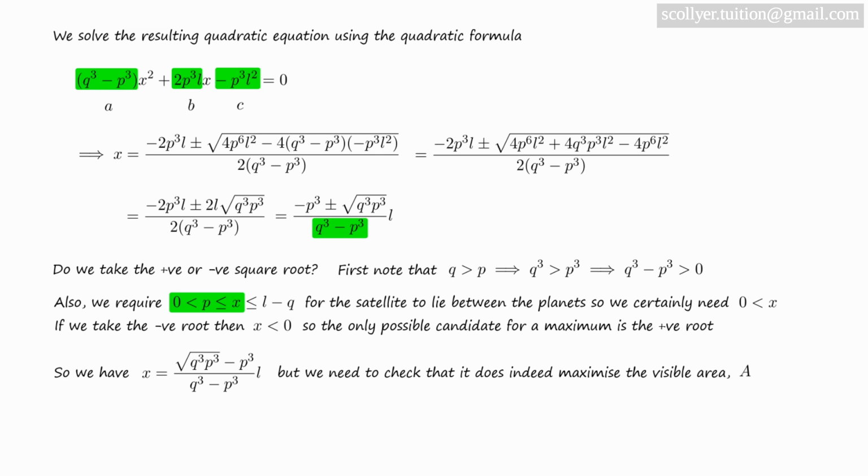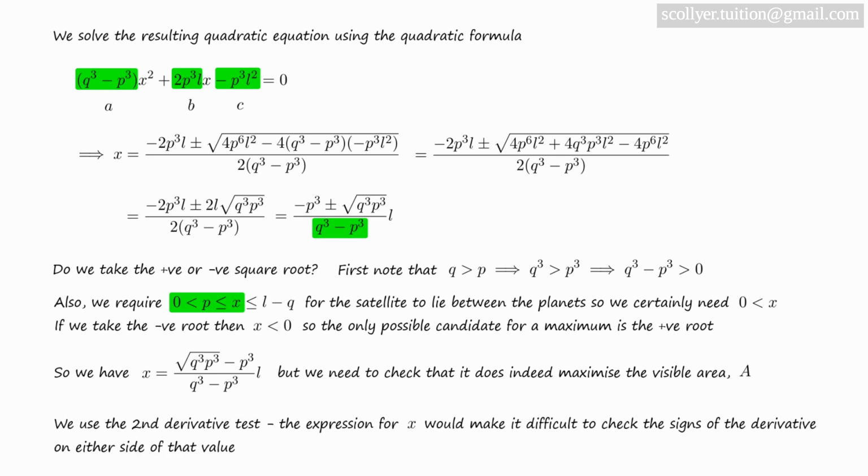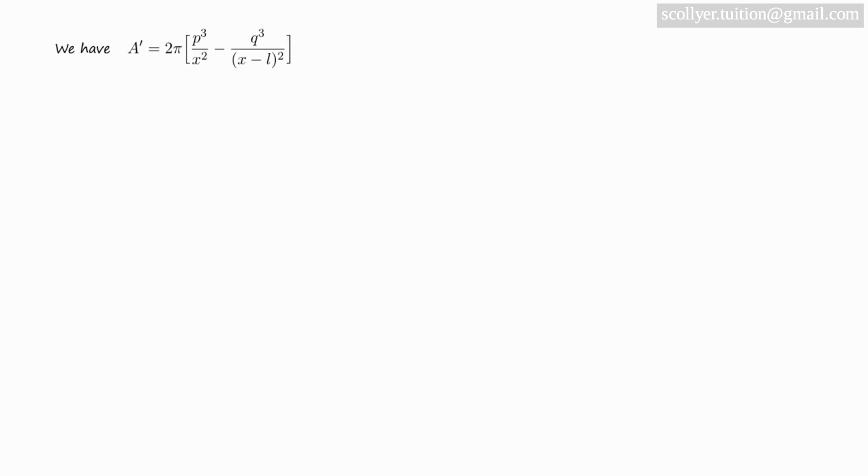And now we need to check that this does indeed maximize the area A. And to do so, we will use the second derivative test. Now since A prime equals 2 pi times p cubed over x squared minus q cubed over x minus L squared, then A prime prime, the second derivative, equals 4 pi times q cubed over x minus L cubed minus p cubed over x cubed.